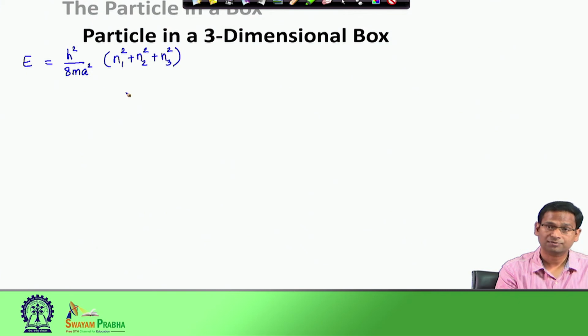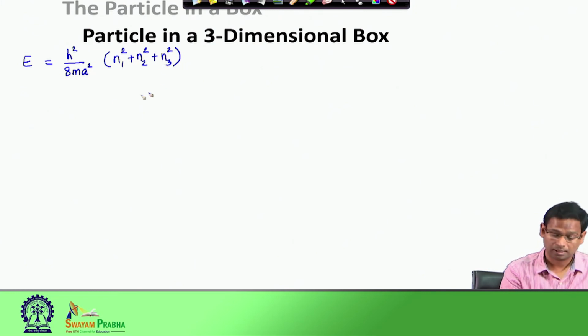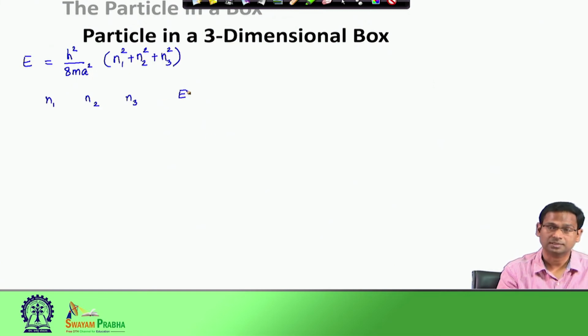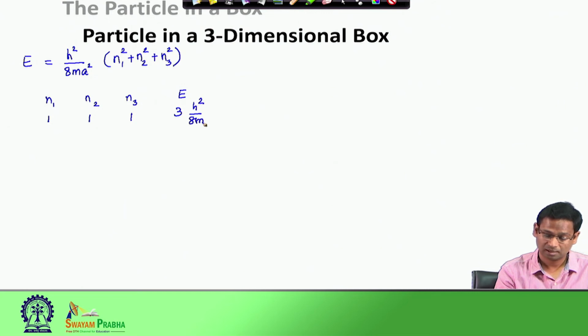Each of n1, n2 and n3 would go from 1, 2, 3 and so on. The lowest possible values of n1, n2 and n3 are all 1. So, let us say this is n1, this is n2 and this is n3 and this is my total energy E. If n1 is 1, n2 is 1, n3 is 1, what would be the energy? The energy would be 1 square plus 1 square plus 1 square, so, therefore, 3 h square by 8 m a square.